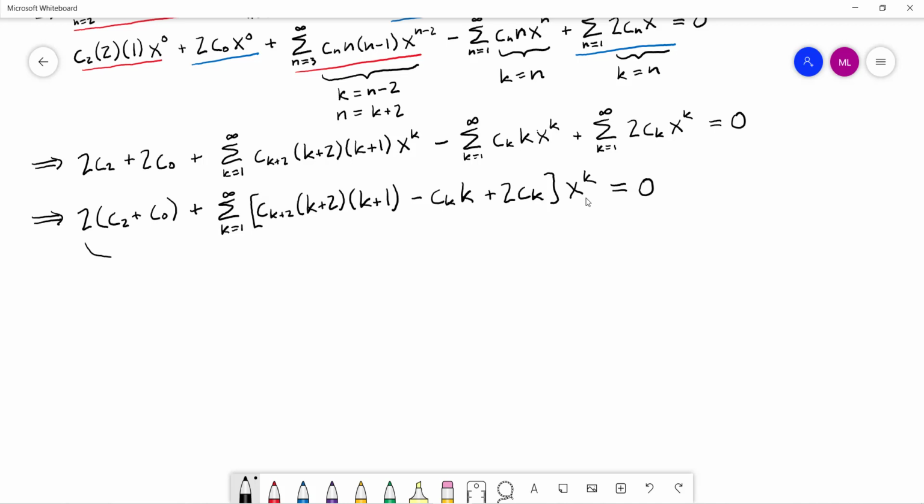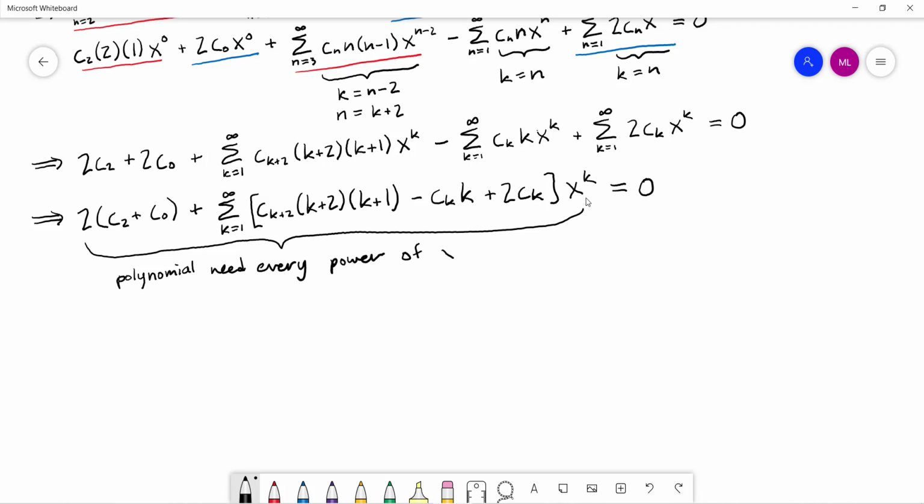So this polynomial needs every power of x, right? X to the 0, x to the first, x to the second, so on and so forth, equal to 0 for this equality to hold.